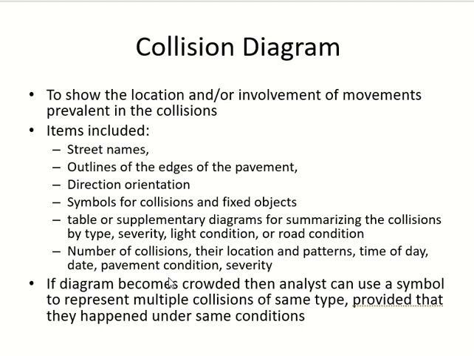The pattern, the day, the time and the date on which the accident happened, the conditions of the road and conditions of the environment, the light conditions, weather and so on, at the time of that crash, and the severity of that crash. So this is the main item of the diagram: number, location, pattern, time, condition and severity.